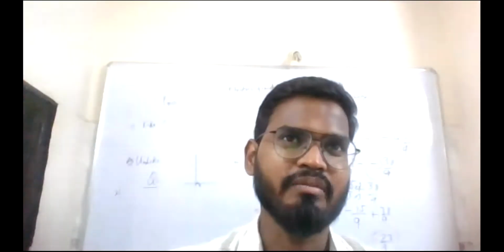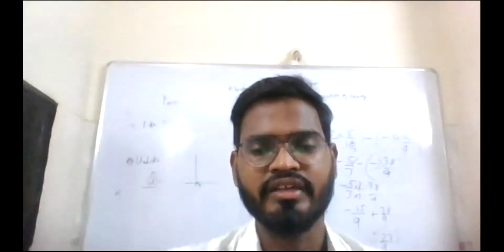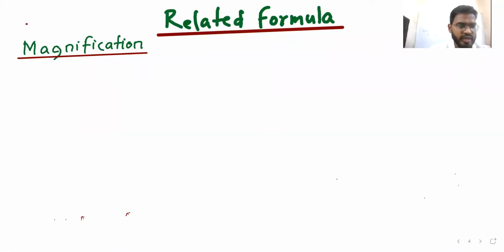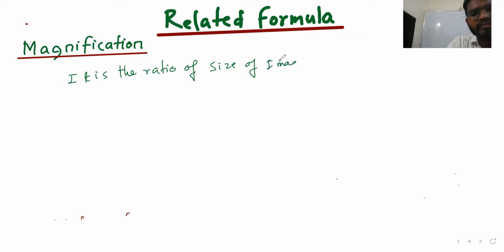Suppose magnification is positive or negative, what it determines, those things we are also going to see. Let's write the definition first. It is the ratio of size of image to the size of object.